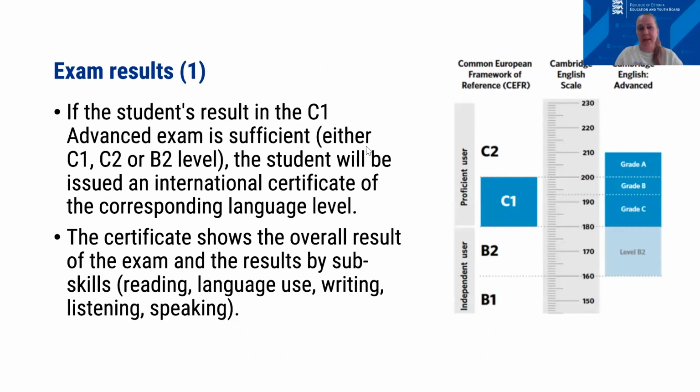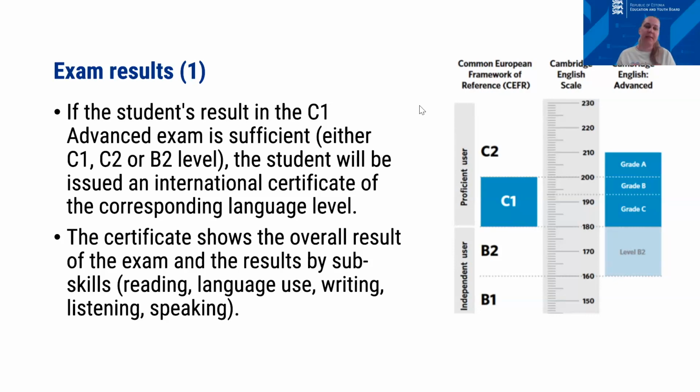When the student is not able to reach any of those mentioned levels, then there is the question of how they can prove their level of English, because Cambridge does not issue the certificate for any other language levels except for those B2, C1, and C2.